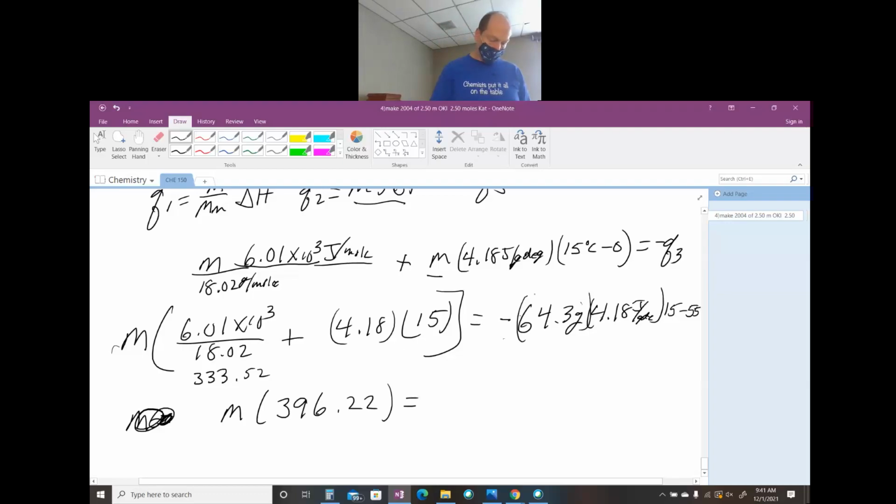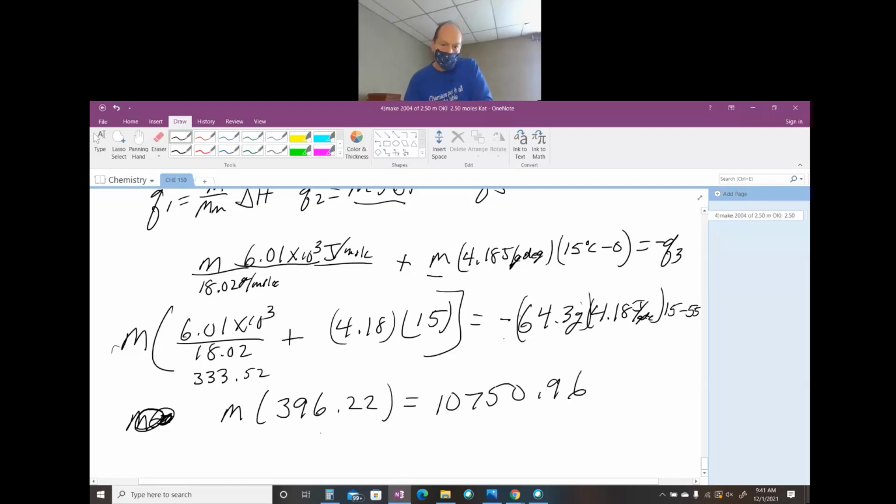All right, so then on the right, I take my negative 40 and times the negative out in front. The negative 40 is from the temperature, and then multiply by the 64.3 and multiply that by 4.18. So on the right side, I get 10,750.96.